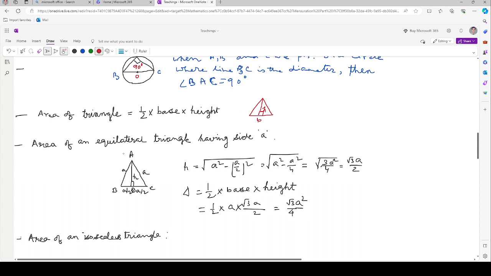Now, what is the area of an equilateral triangle having side a? We know that for an equilateral triangle, all sides are equal, and here it is given that the length of the side is equal to a, and we can prove that the altitude is the bisector of the base.